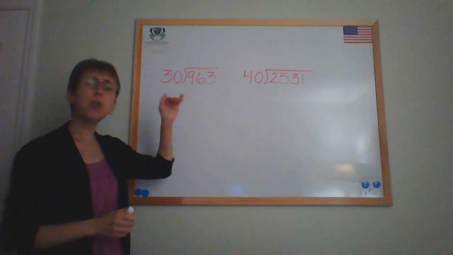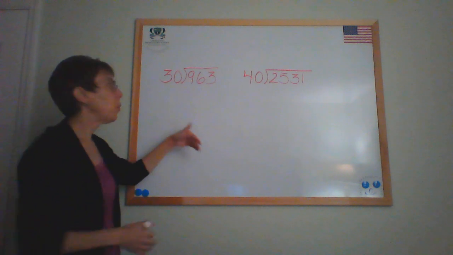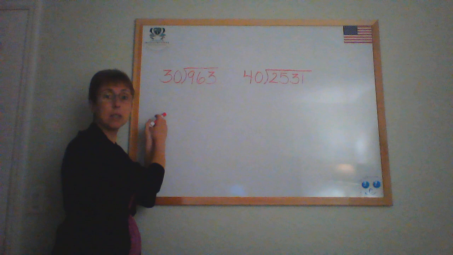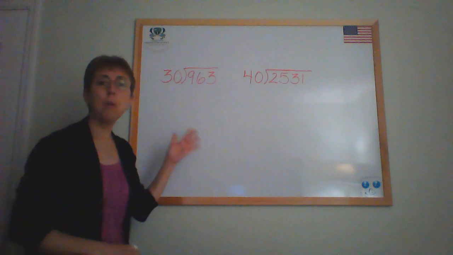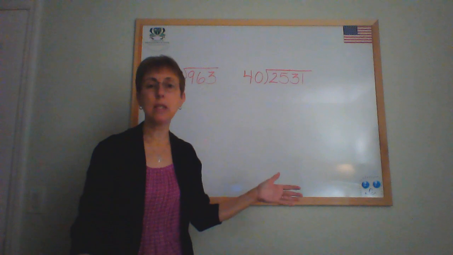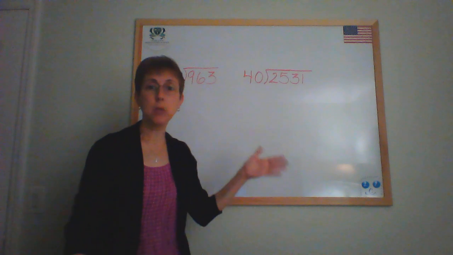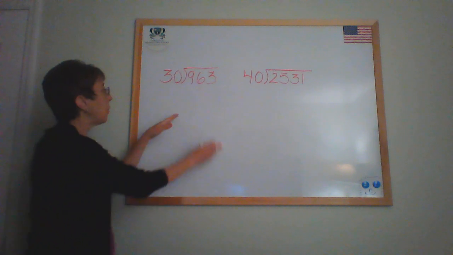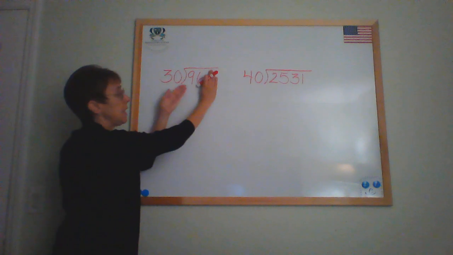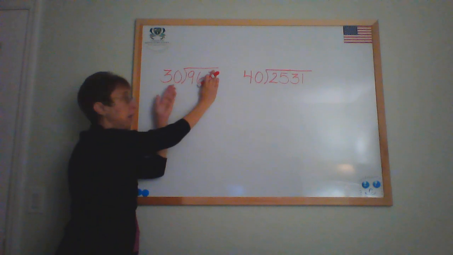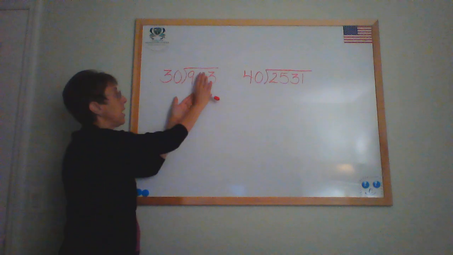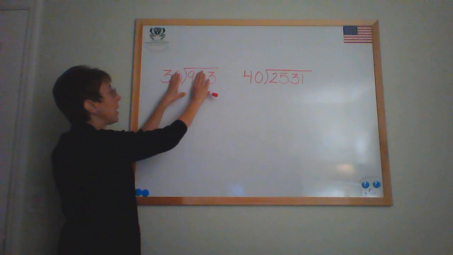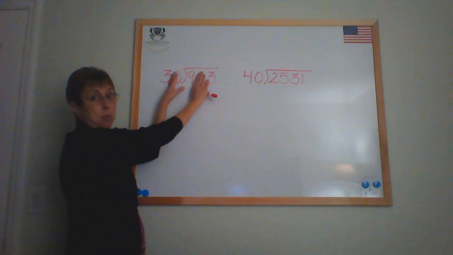Now, if you remember, in order to do that, we look a little bit smaller. We look for that basic fact. You always want to go back to your basic multiplication facts. That's what's going to help you here. So even though we're looking at 96 divided by 30, we want to think basic multiplication facts. In that case, we're looking at 9 divided by 3.